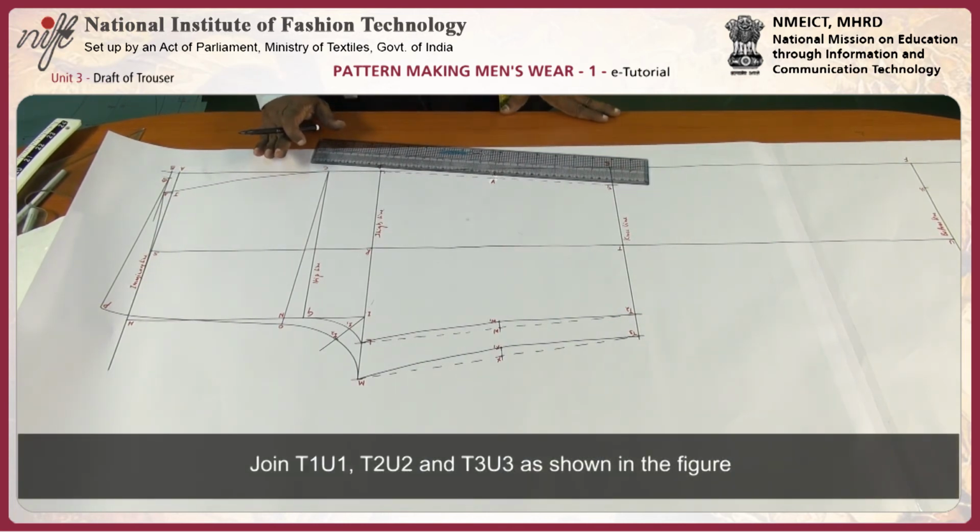Join D T1 with the dotted lines as shown in the figure. Do the same with L and T2 and M and T3.